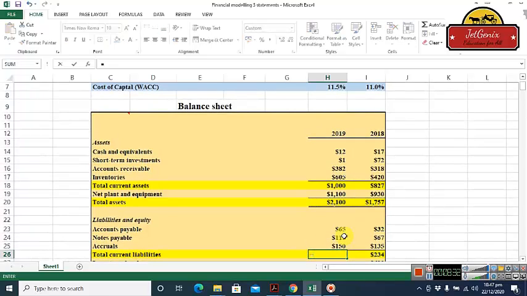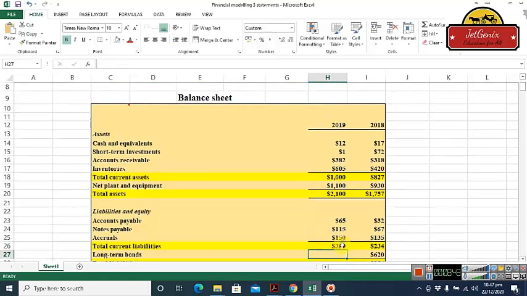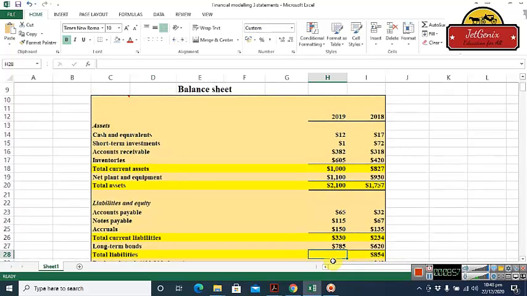And now we can calculate the total current liabilities of this company by summing these three items: the accounts payable, note payable, and accruals, okay. And we have the current liabilities of 330 million, okay. And after this we have to add the long-term bonds, and let's assume we have 785 million of long-term bonds.